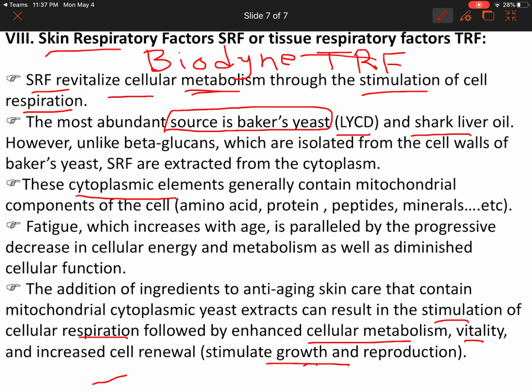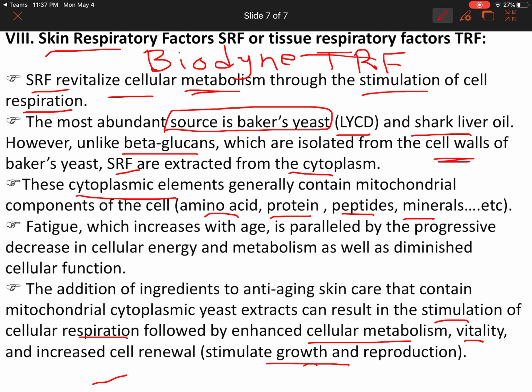Also you can find them in shark liver oil. When the yeast cells are heated, it will extract nutrients that contain amino acids, proteins, peptides, minerals, carbohydrates, nucleic acid and others.